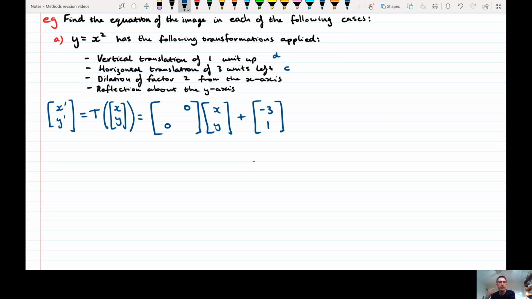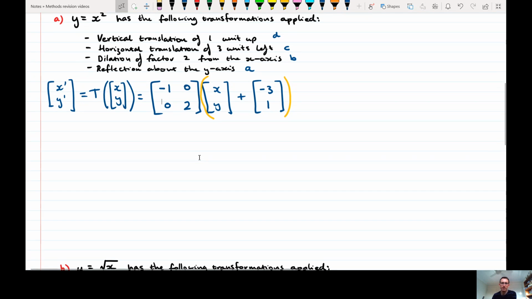Now notice that's what happened first, which means we need to put brackets around there. So we're doing a translation first, and then we are applying the dilation of factor 2 from the x-axis, which we know is this bottom corner. That is our B, and a reflection about the y-axis, which is A, and that makes A -1. If there's no dilation, it's just 1.